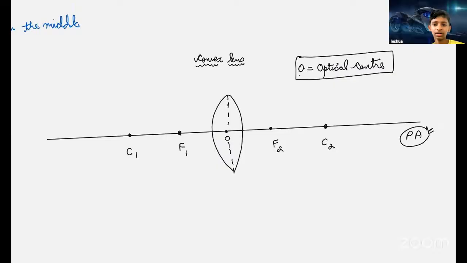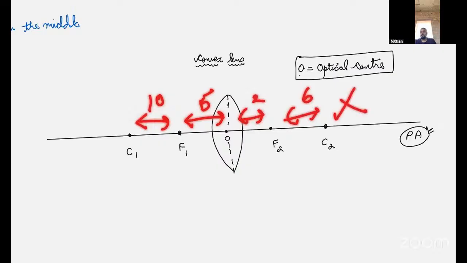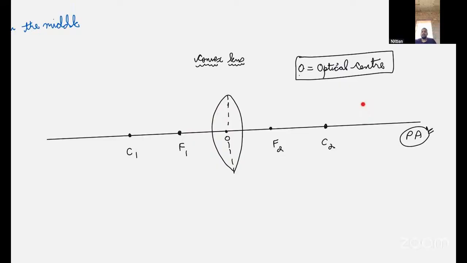So it can be any length, sir. Any length, but any length you take should be equal. It's not like if you are taking this as 5, this is 2, and this is 6. No, it's wrong. If you're taking any one value, all should be the same. Did you understand? Okay.